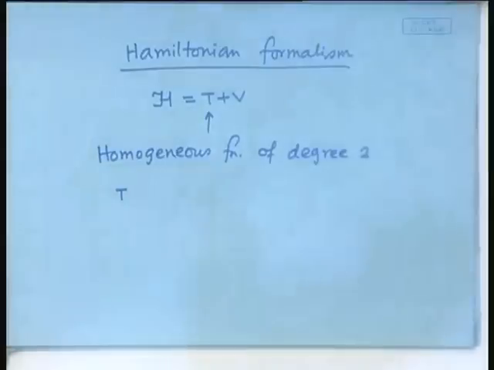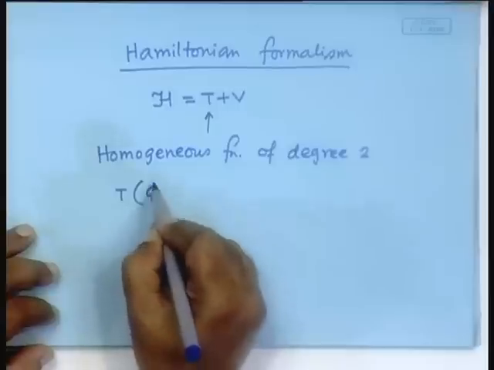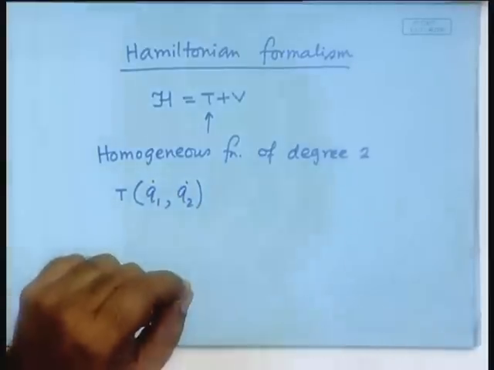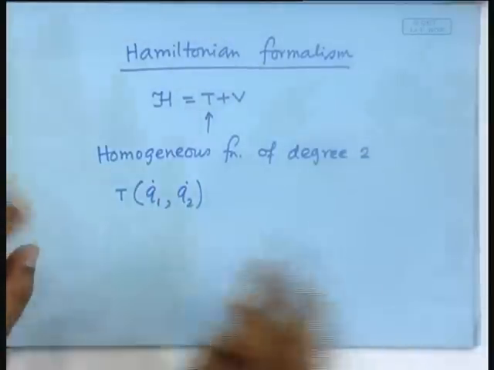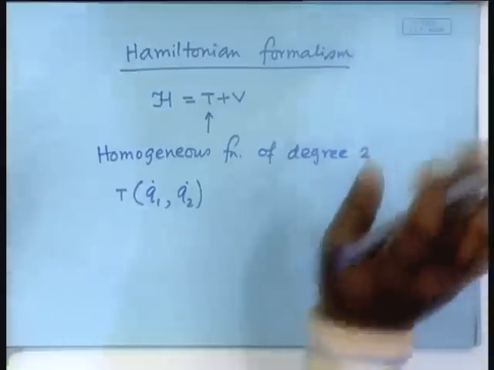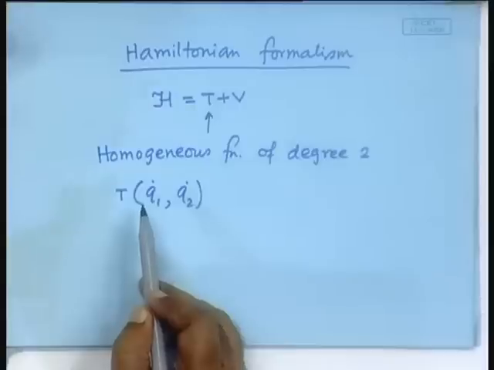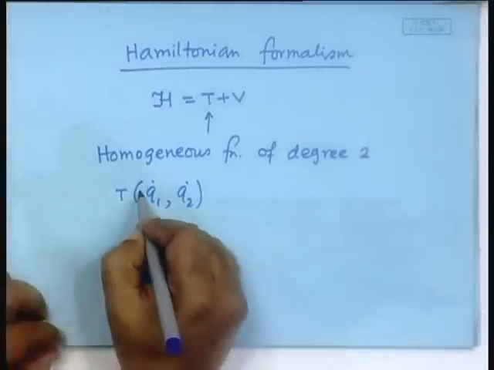Suppose it is a 2-dimensional system, it is a function of q1 dot and q2 dot. So, there are two variable velocity terms, q1 dot and q2 dot, and T is a function of that. The question concerns what kind of a function it is.